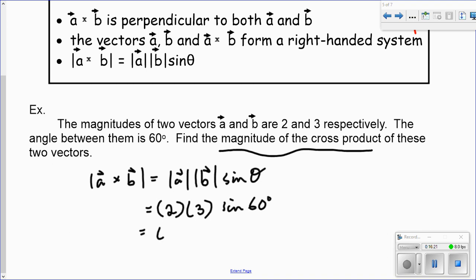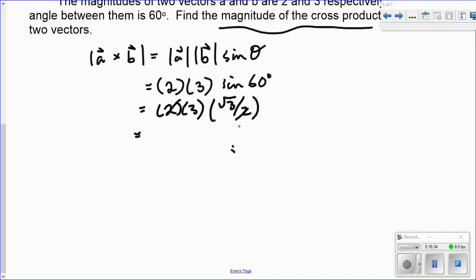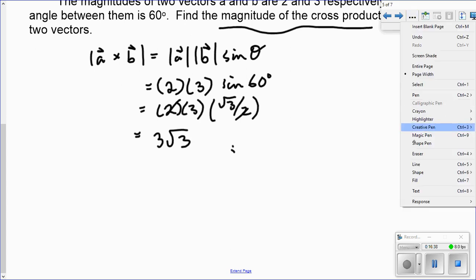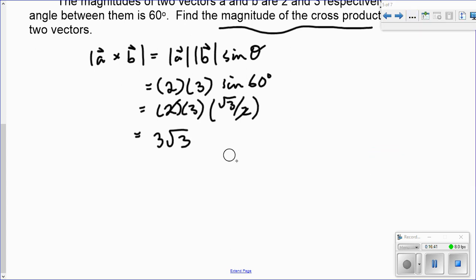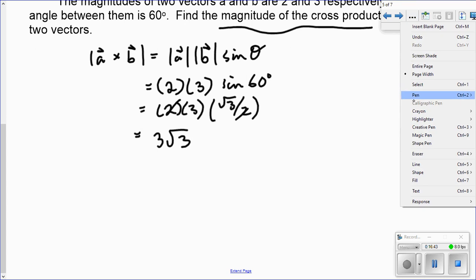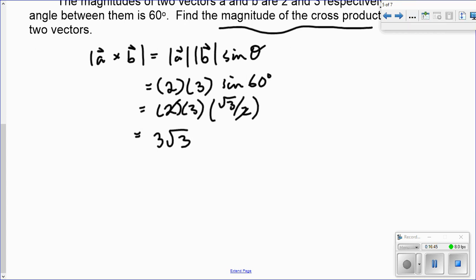The sine of 60 degrees is a nice basic trig ratio, and it looks like my 2's can cancel, so I've got 3 root 3. I think that's it for an answer, 3 root 3.